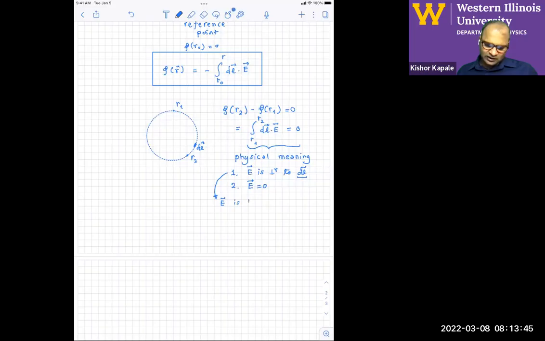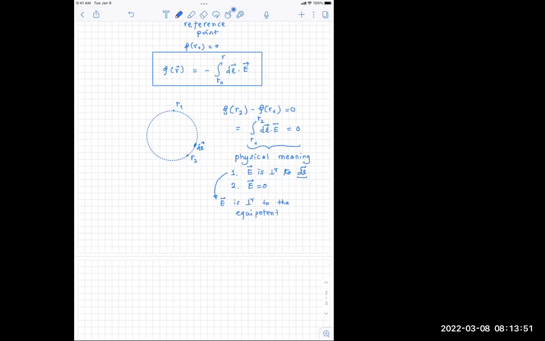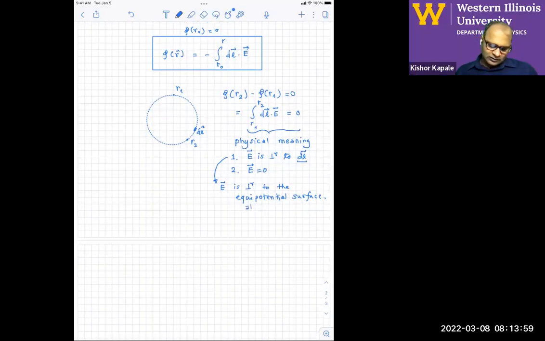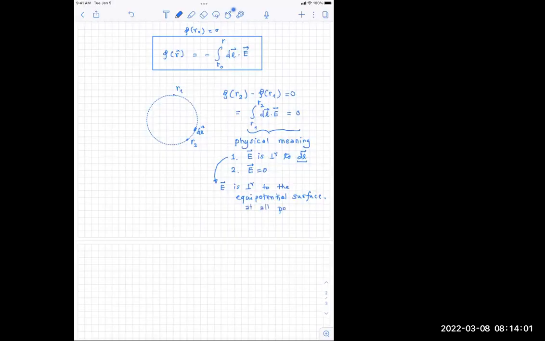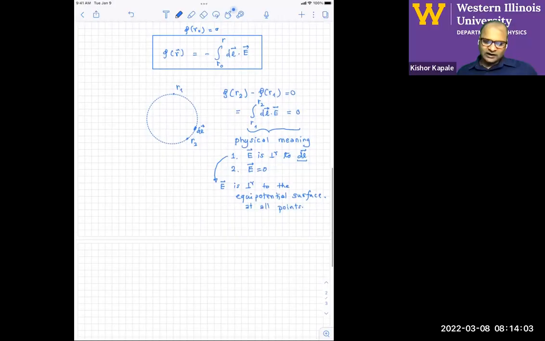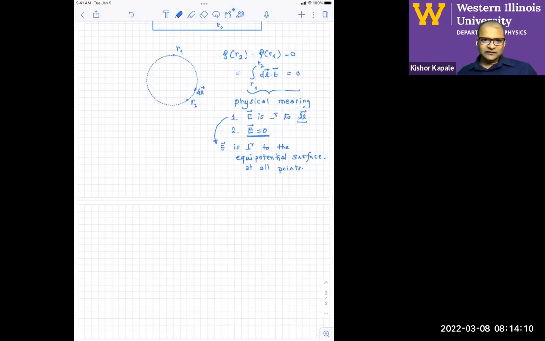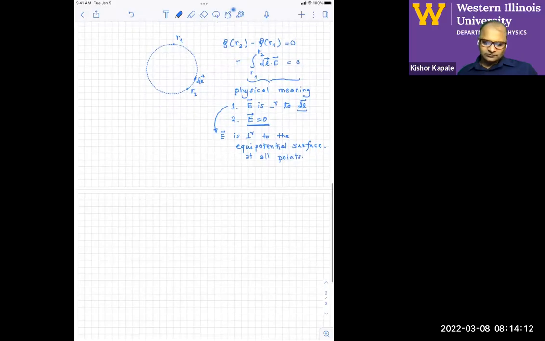So E is perpendicular to the equipotential surface at all points. That's the implication of that. E equal to 0 is a special case. You may not always have that, right?